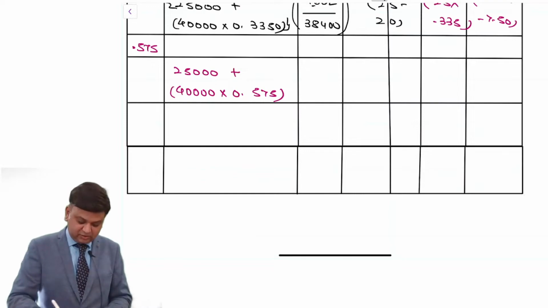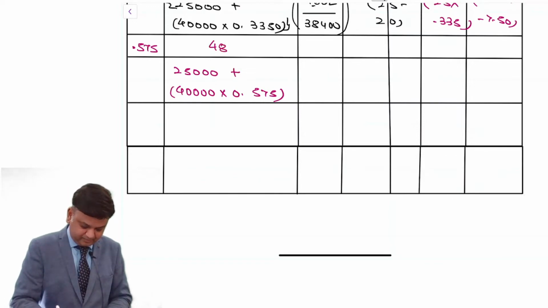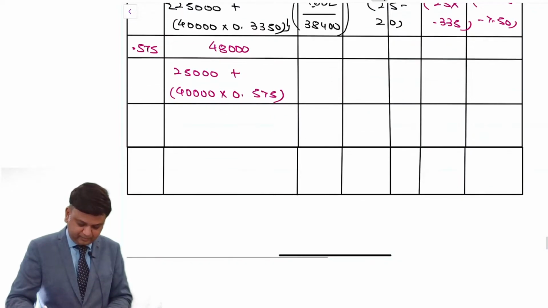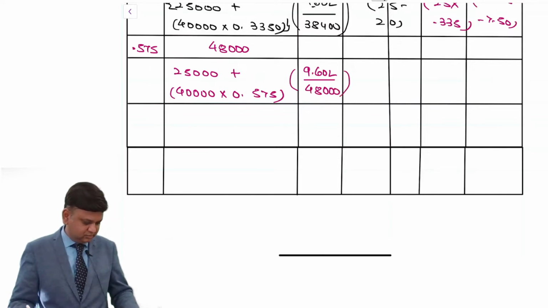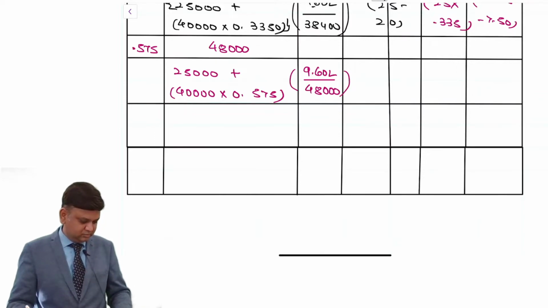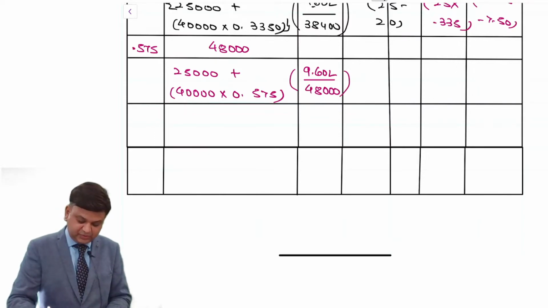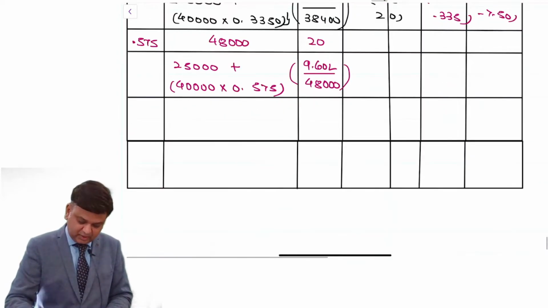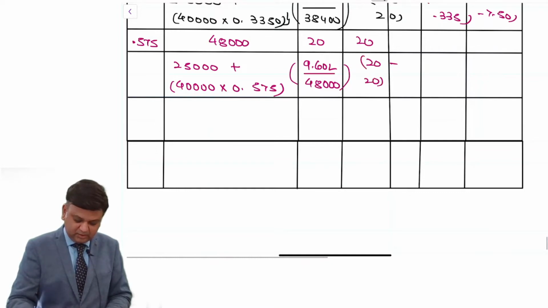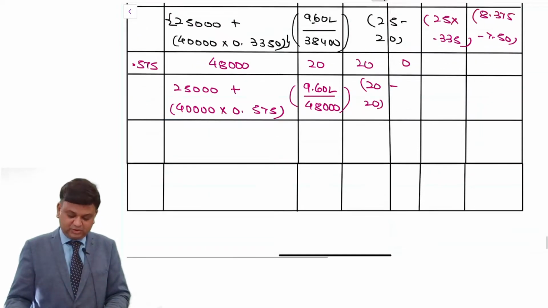That is 48,000. 9,60,000 upon 48,000. That is 20 rupees per share. Earlier it was 20. So there is no profit, no loss.